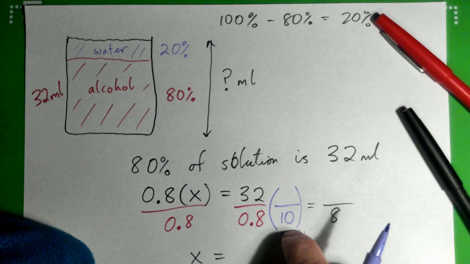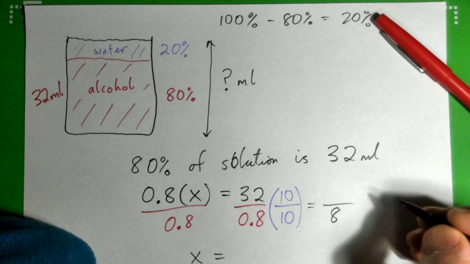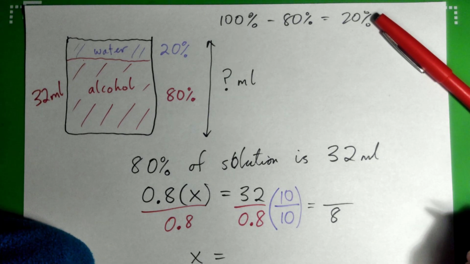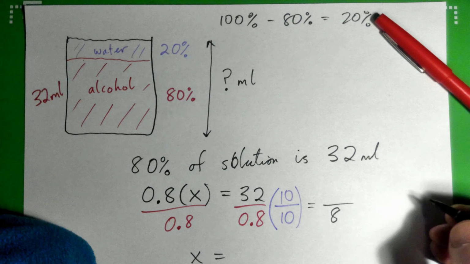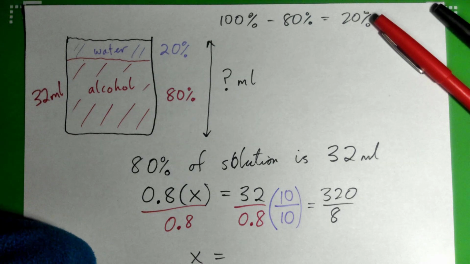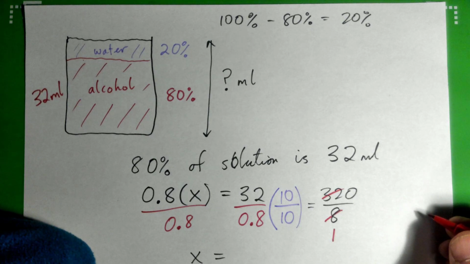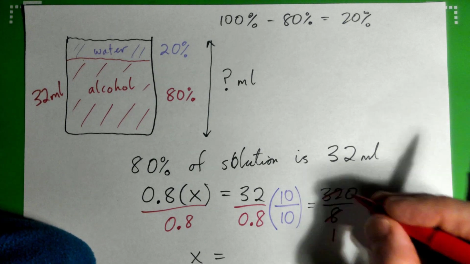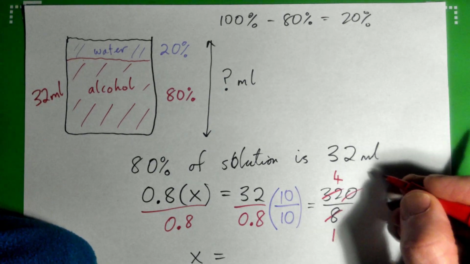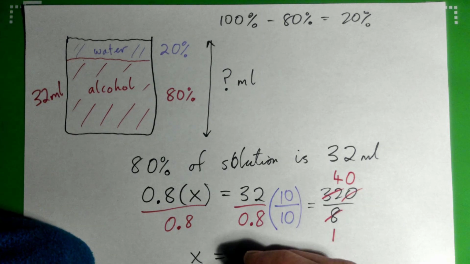But if you multiply the bottom by 10, you've got to multiply the top by 10 so the fraction is the same. So 32 times 10 is? 320. Good. So 320 over 8 gives what? 8 into 8 goes once, 8 into 32 goes 4, right? And 8 into 0 is 0. So we get 40 over 1, so X equals 40.